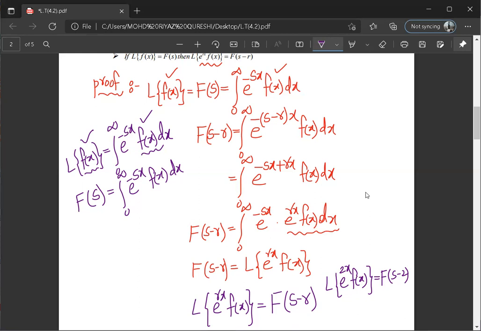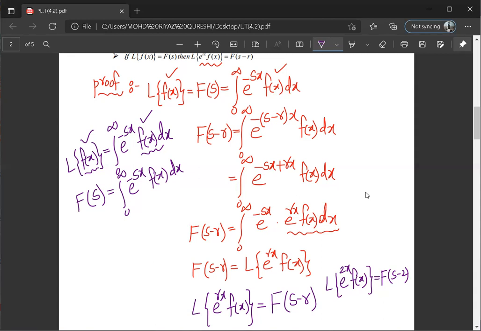Alpha means s minus alpha, beta means s minus beta, 2 means s minus 2, 5 means s minus 5, right? This is called the translation property. So whenever you multiply anything with f of x which is in e power form, that should be subtracted from s on the right hand side. So we have to do problems based on this also.